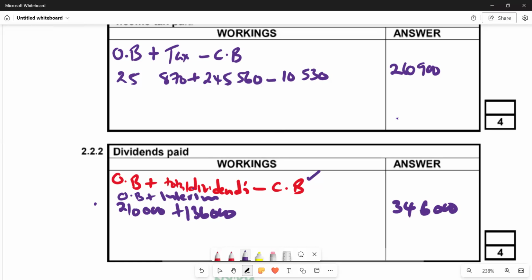In this case, saying opening balance plus interim was the simplest way of getting to the answer, that is 346,000. So this is what we have in terms of calculation of dividend paid. So we can go to the next question.